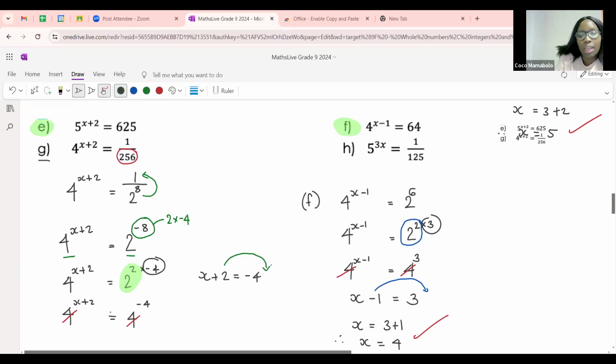And that's going to give me x is equal to minus 4 minus 2. Therefore, x is equal to minus 6. Right. How beautiful is that? How nice is that? That we can actually manipulate math like that and get a nice answer out.